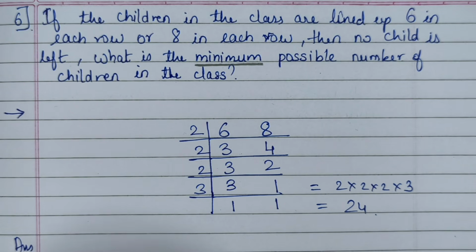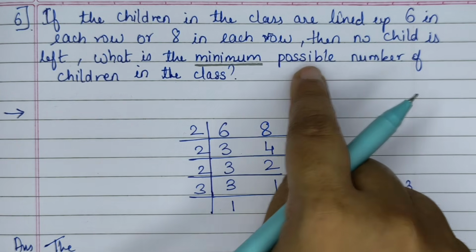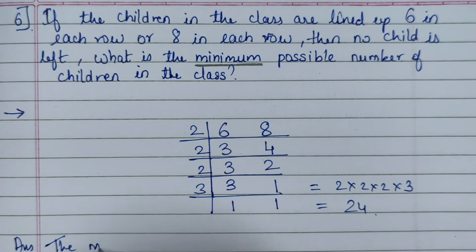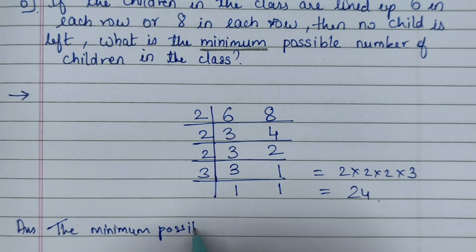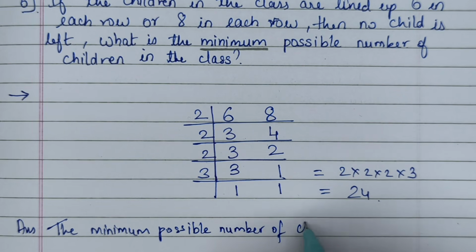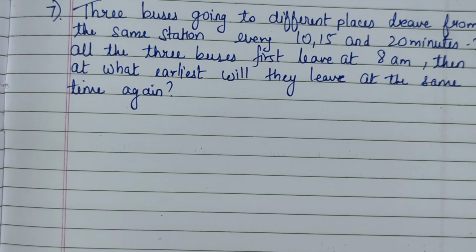Answer: the minimum possible number of children is 24. Now see the seventh sum.